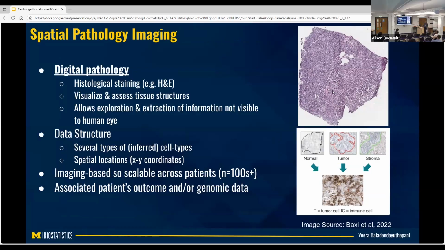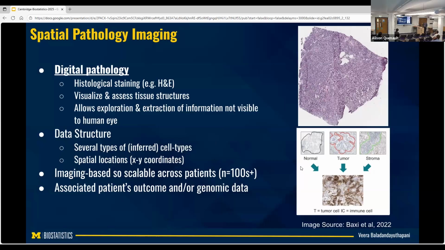But what you can also extract is different kinds of features that you can't see with the human eye, and digitally extract them. One of these features is the inferred cell types. So you can go back and trace what the types of cells are. So it's an inference, it's not measured. So you have to do some prediction here, but you can do that.